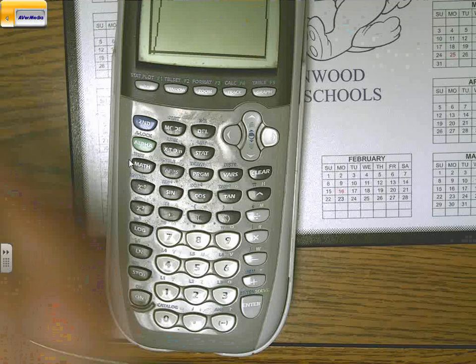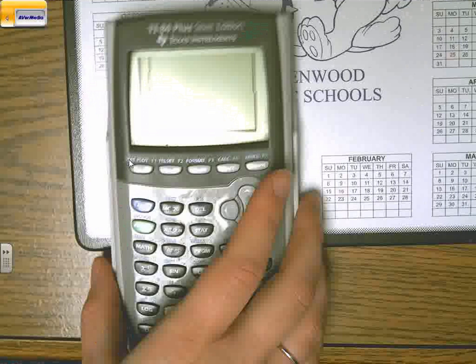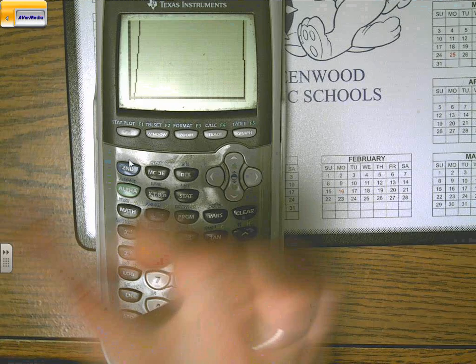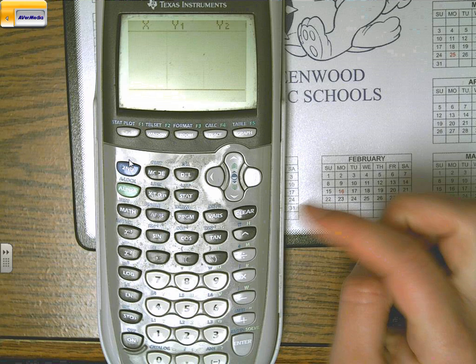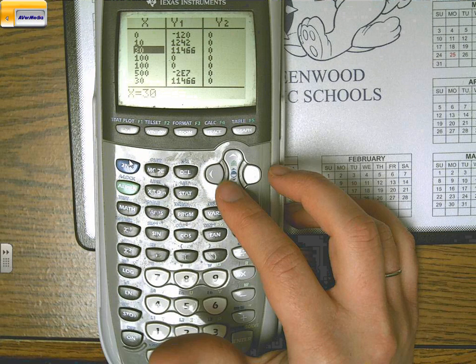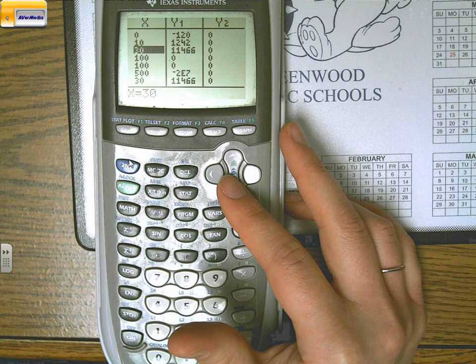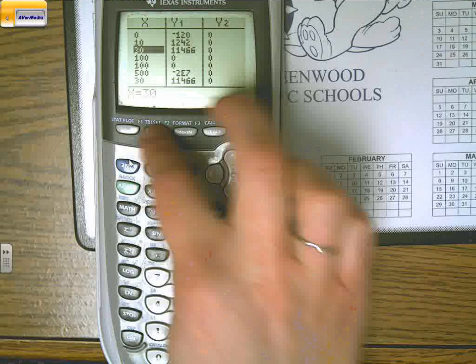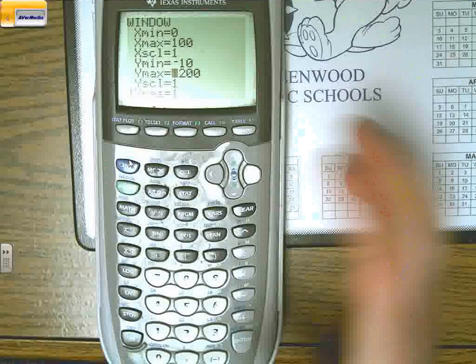You can tell it's not a very good window for this. You can probably tell the y's need to be much larger to see a good picture of this graph. Remember, as always, you can go to your table and type in some numbers. You notice at 30, it's 11,466. So it's pretty tall. I'm going to make my y max like 50,000.